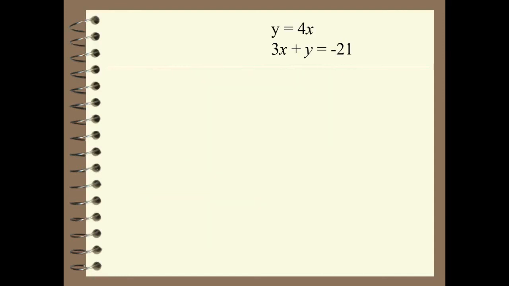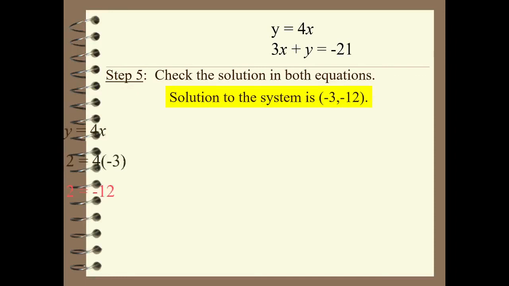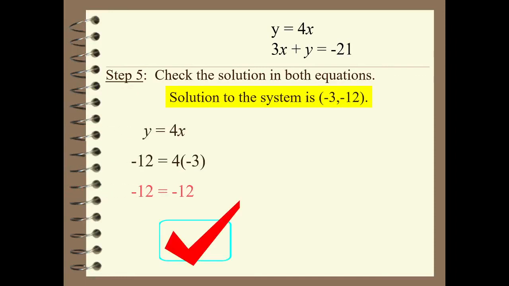How do we check? Okay, let's do the checking. First equation, there you go. Substitute. The value of y is negative 12. The value of x is negative 3. Just substitute x and y over the first equation. So multiplying these two, you will get negative 12 for that. And that's totally right.